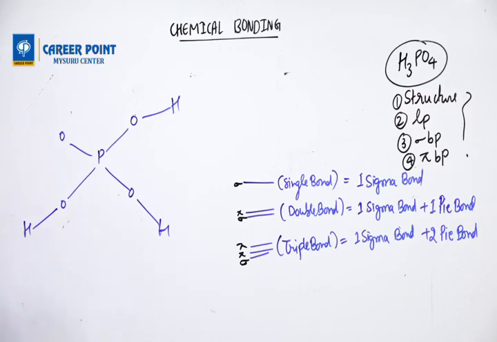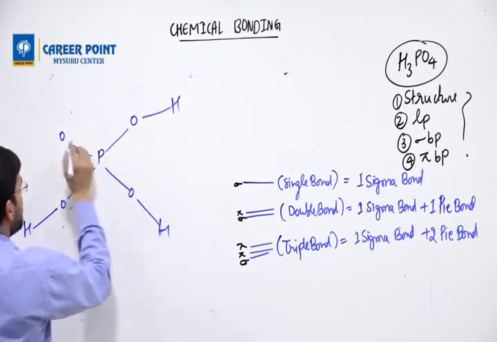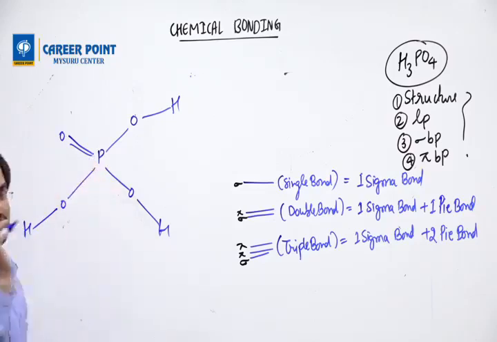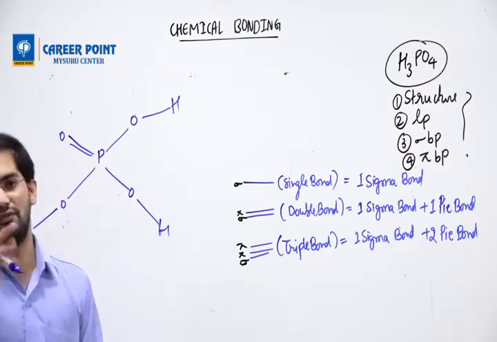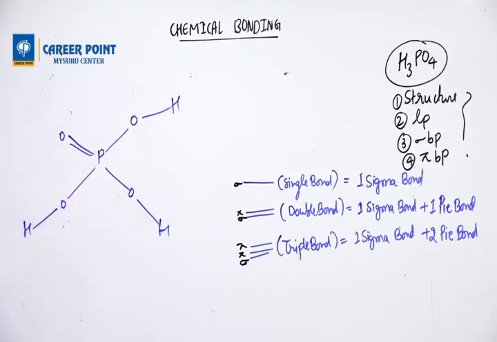Then I have to satisfy valency also. Hydrogen satisfied, done. Oxygen done. Hydrogen done. This is not done. Then phosphorus. Phosphorus valency is 3, 5. So 1, 2, 3, 4, 5. Phosphorus is also done now. On the phone we can't write a structure.